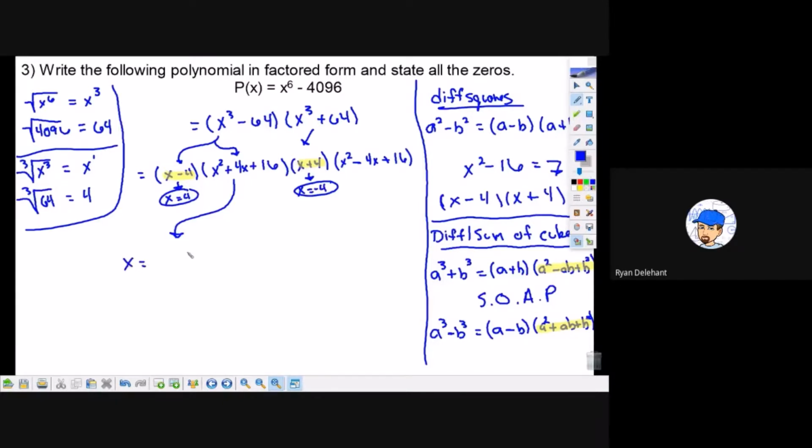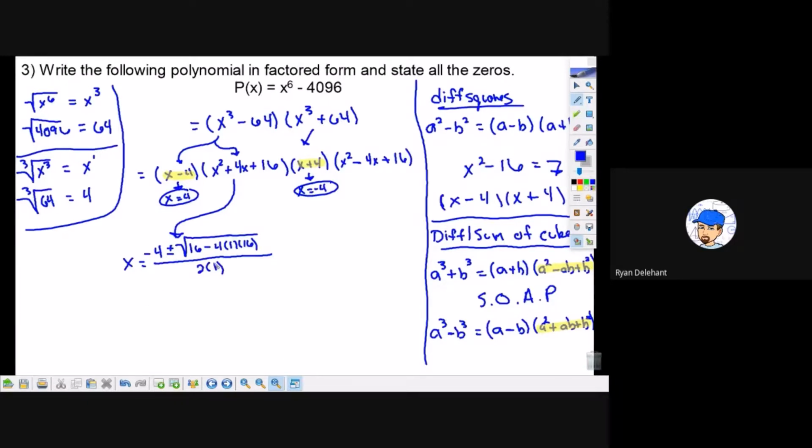So this is -b, so that's -4 plus or minus the square root of 4 squared, that's 16, minus 4 times 16 times 1. Sorry, let me put the 1 in there. I skipped the 1, I apologize. 1 times 16, there you go. And then 2 times 1.